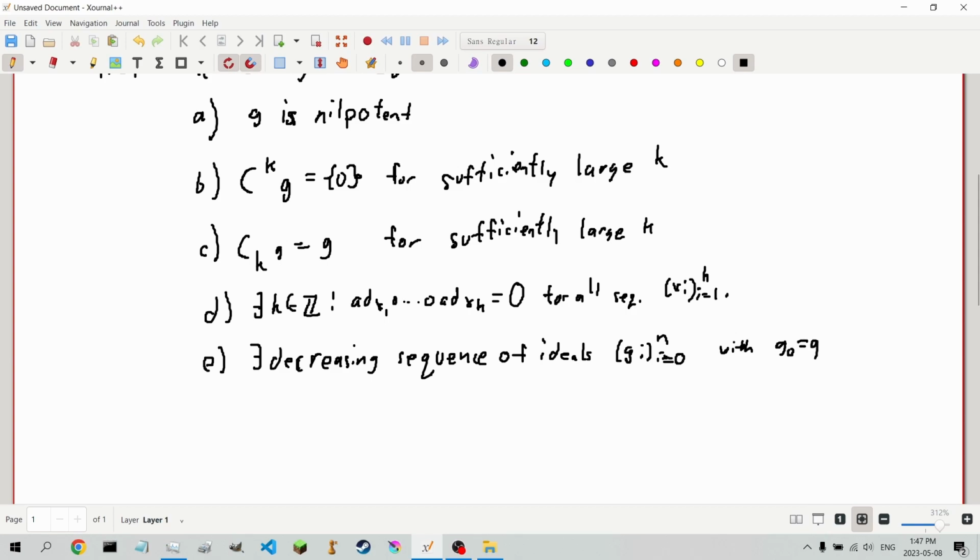This is very similar to our original definition of nilpotent. But we also have this condition that, as we'd expect, the bracket of g and g_i is in g_{i+1}. But there's also the interesting condition that the dimension of these ratios g_i over g_{i+1} is equal to 1.